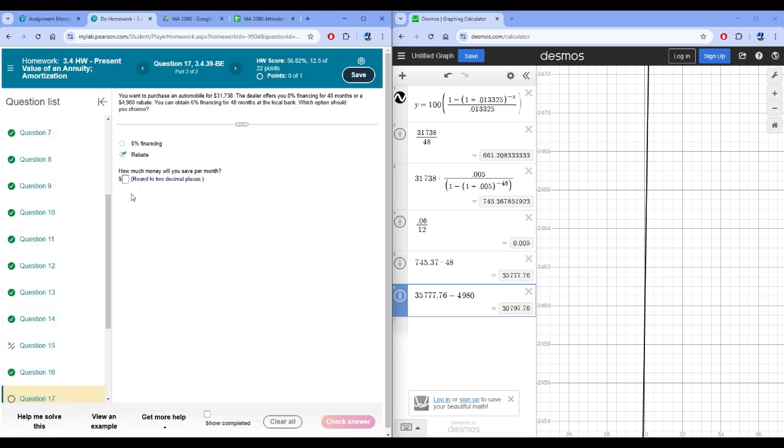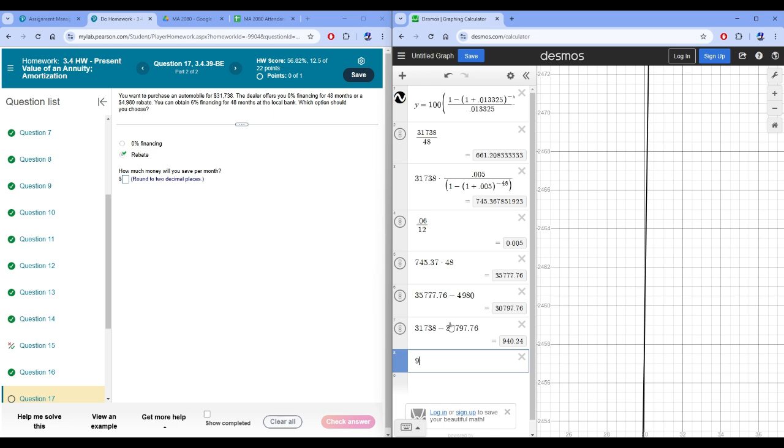How much money would you save per month? This minus that divided by 12. So what's 31,738 minus 30,797.76?